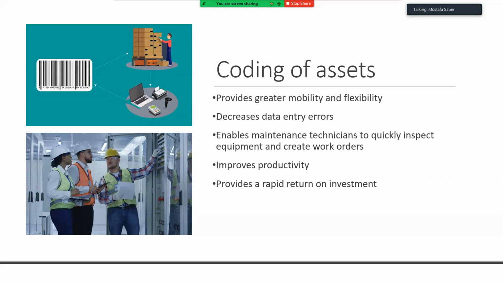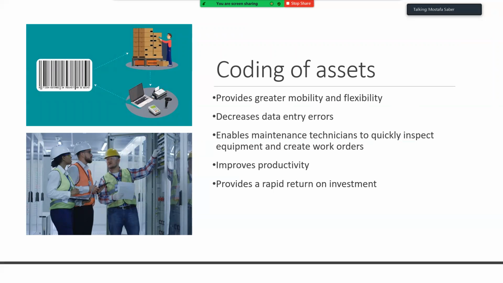It provides you with mobility and flexibility because you scan something with your mobile and immediately recognize what it is. It also decreases the amount of data entry errors because there is very little margin that you will scan something and get a different result.